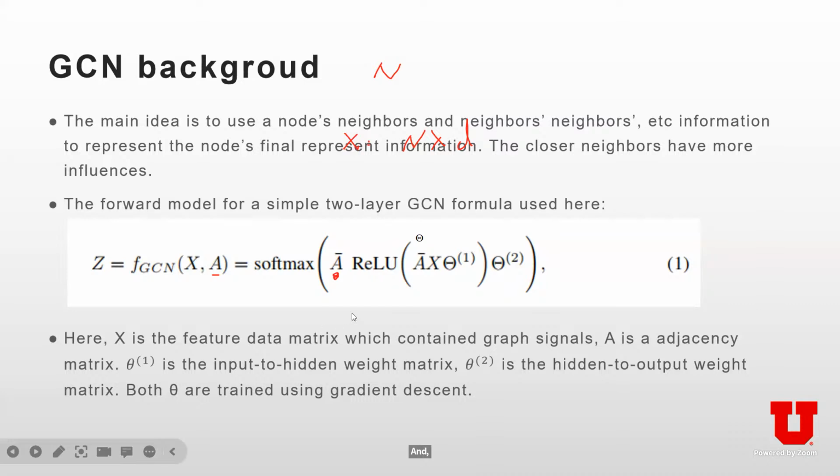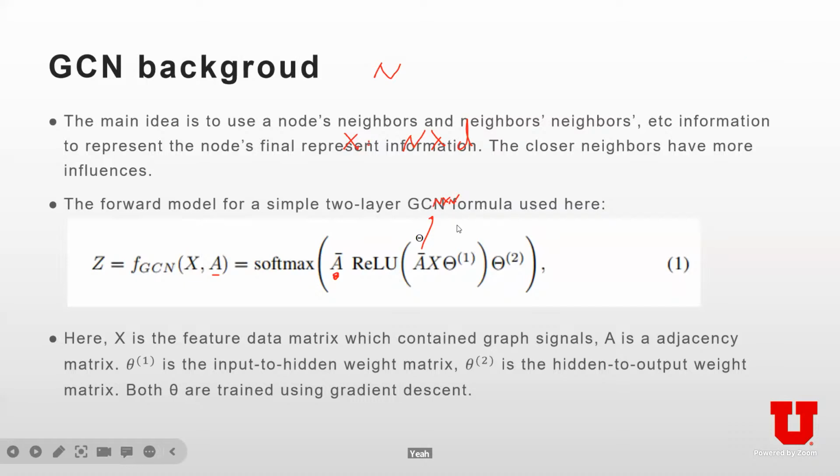It's about using the graph Laplacian and transferring it to A bar. A bar is a graph Laplacian, so it's n by n, right? Yeah. So you multiply with X, you do some kind of aggregation.